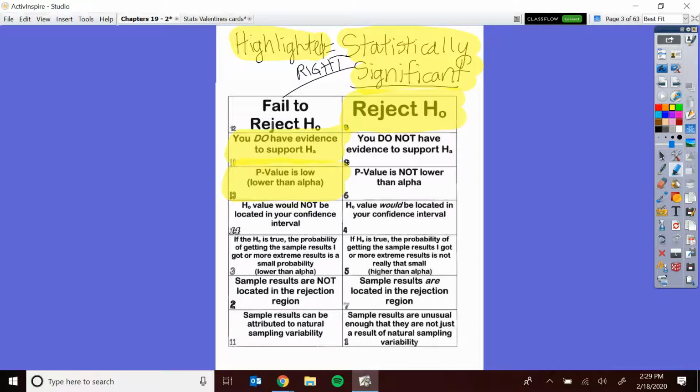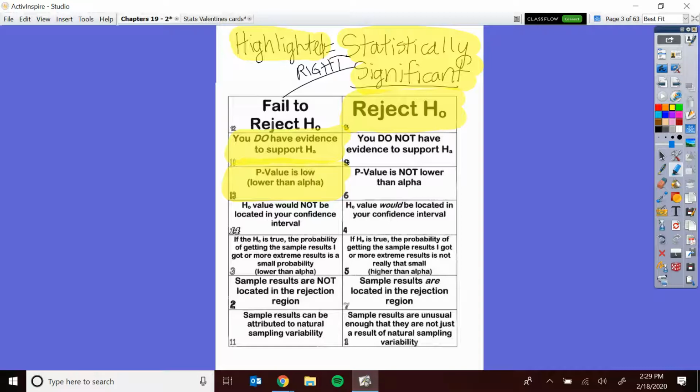Card 3 says, if H0 is true, the probability of getting the sample results I got, or more extreme, is a small probability. What is this called that I'm describing here? If H0 is true, the probability of getting this. Good, that's the definition of p-value. So cards 3 and 5 were a definition of p-value.